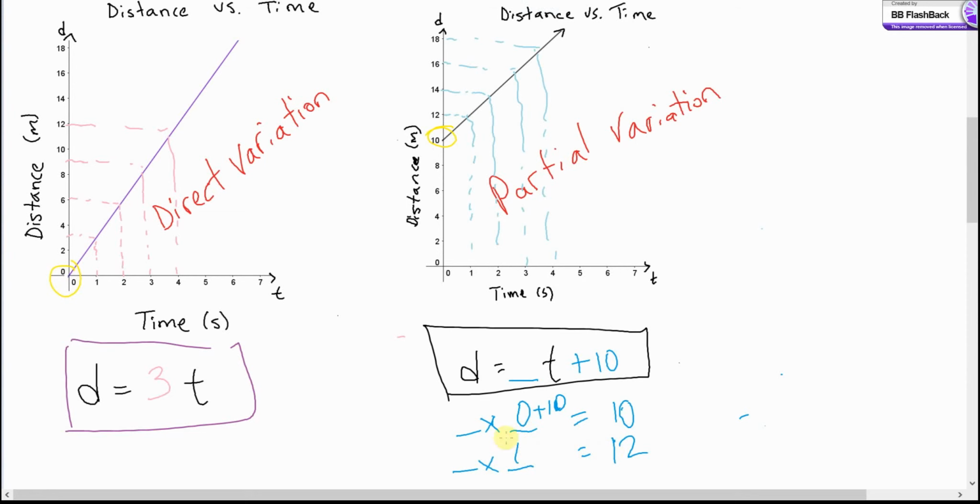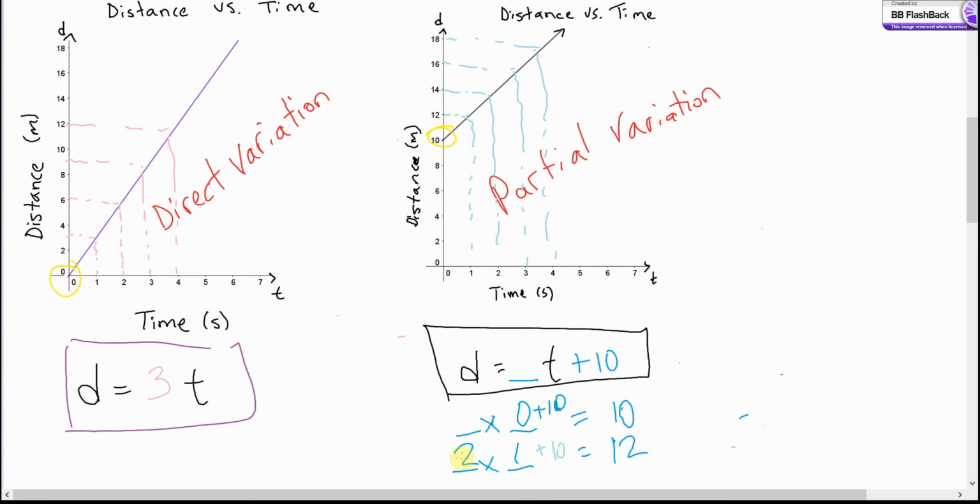Something times 1 plus 10 is equal to 12. So what do we have to add to 10 to get 12? We need to add 2. Something times 1 equals 2. 2 times 1 equals 2. 2 and 10 is 12.